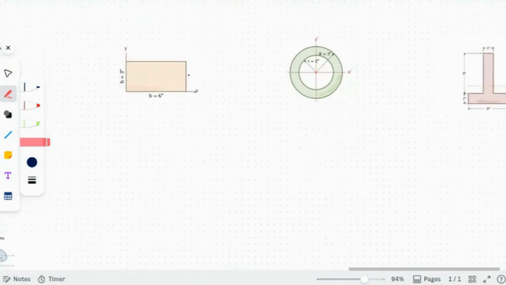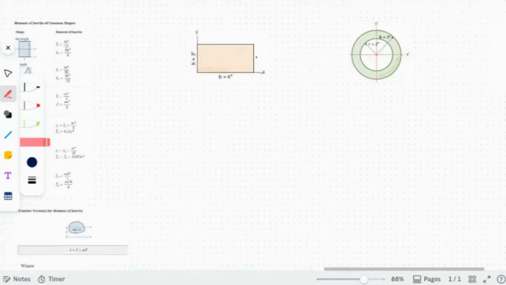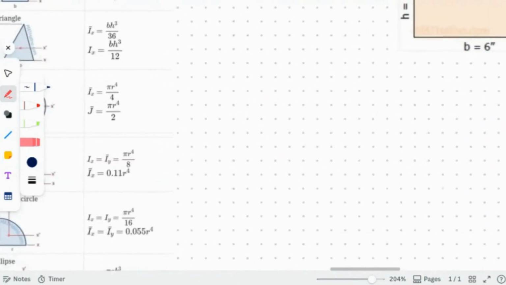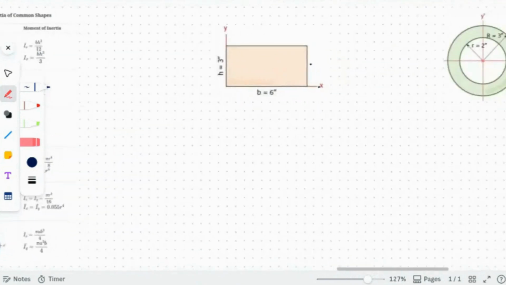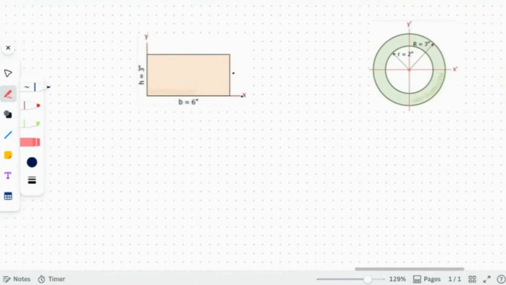Okay, next, let's do circles. In this one, you see that there's an outer radius and inner radius about the centroidal axis. So we could use pi r to the 4 over 4, but there's an outer and an inner.